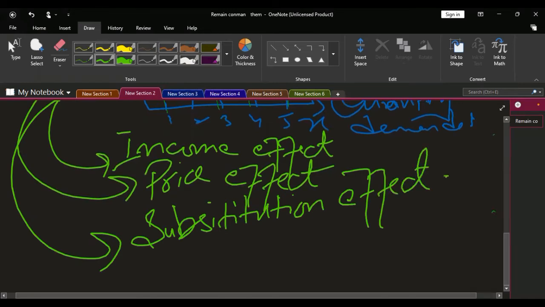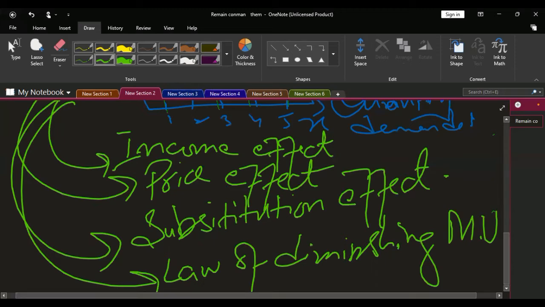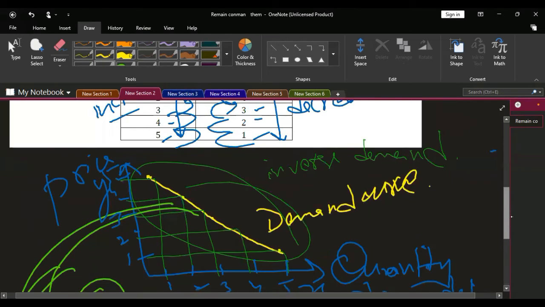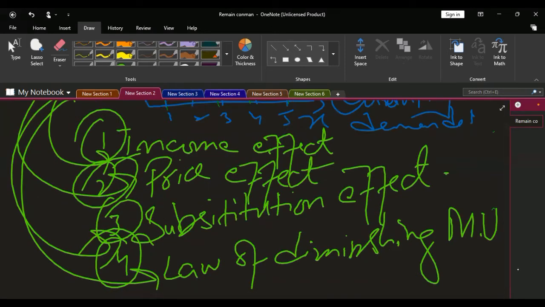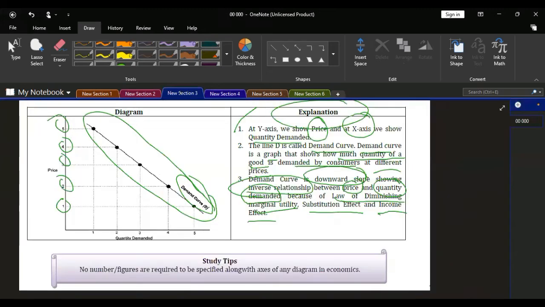And the last, fourth effect, which is the most important here, is the law of diminishing marginal utility theory. So these four apply here, due to which the demand curve is downward sloping. We will study each one in our later classes. So this is the interpretation of this whole diagram.